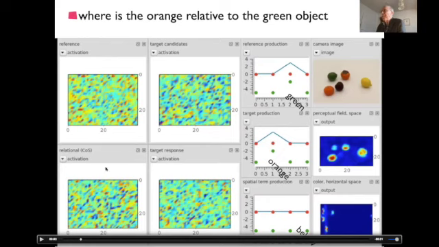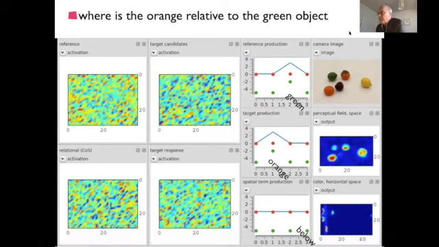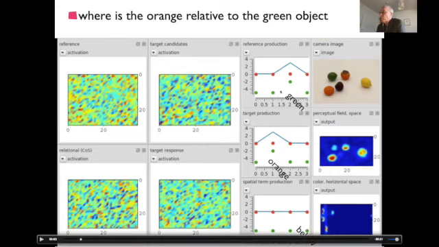And so I want to first explain that a little bit. This is the input to that system. Simple unichrome objects, because that's the only thing that we can really do well. We're giving it the input, where is the orange relative to the green object, and we're giving it that input by activating the corresponding node. So for instance, here the color description of the reference, we call these production nodes.